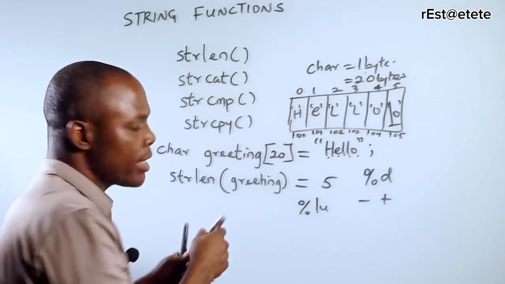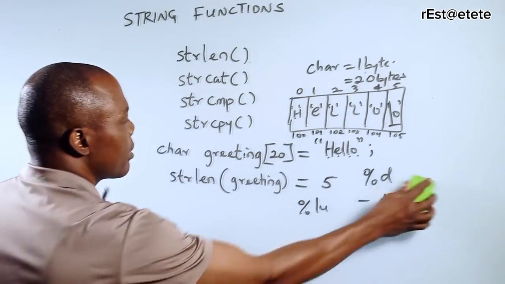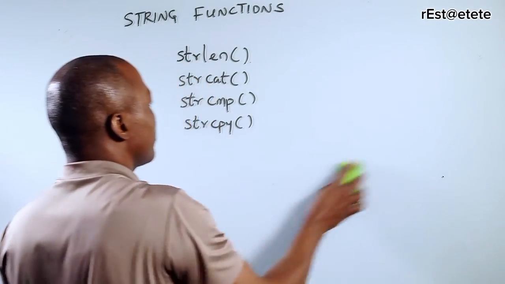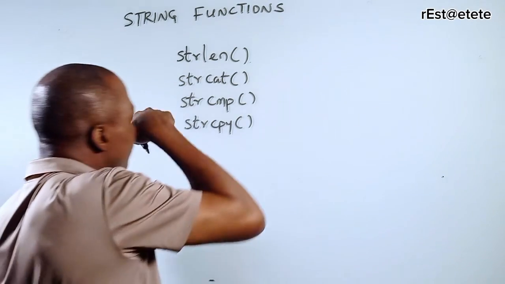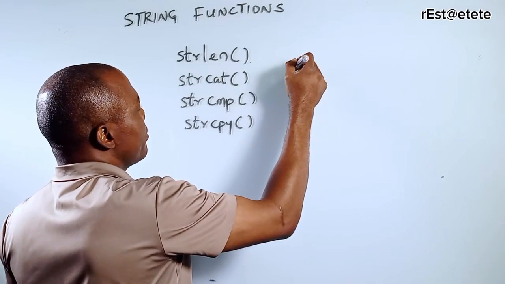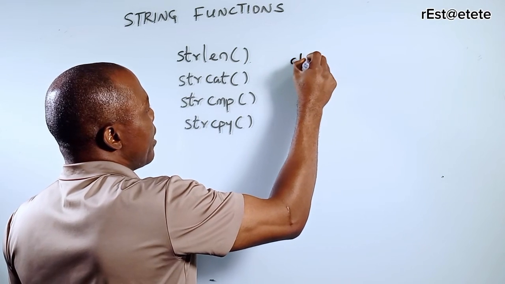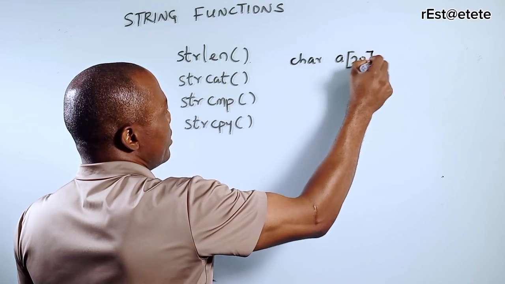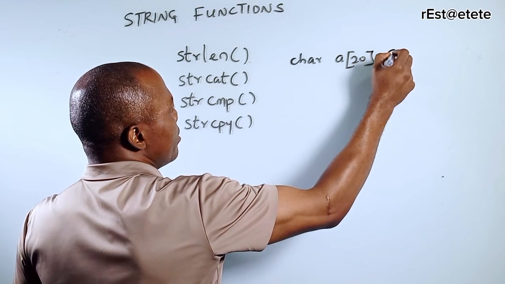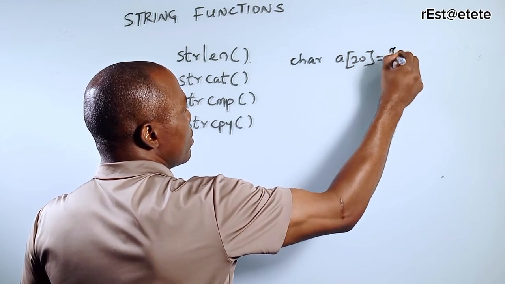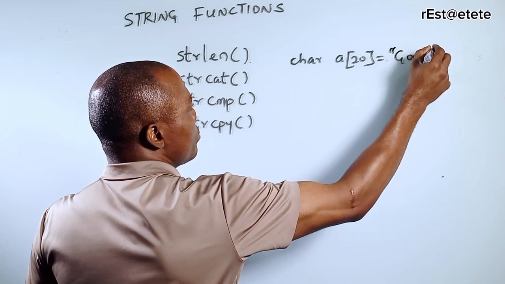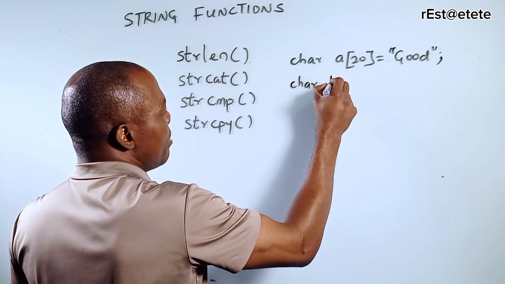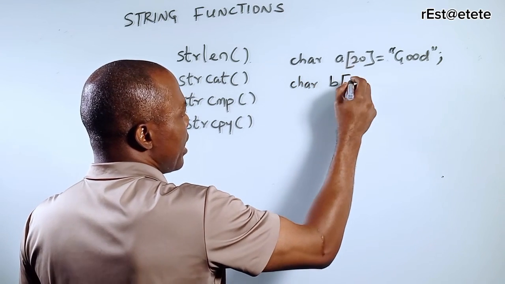Now, string cat. If I have a variable, say char a, that is 20 bytes, and I say good, then I have another one, char, I name it b, that is this array.